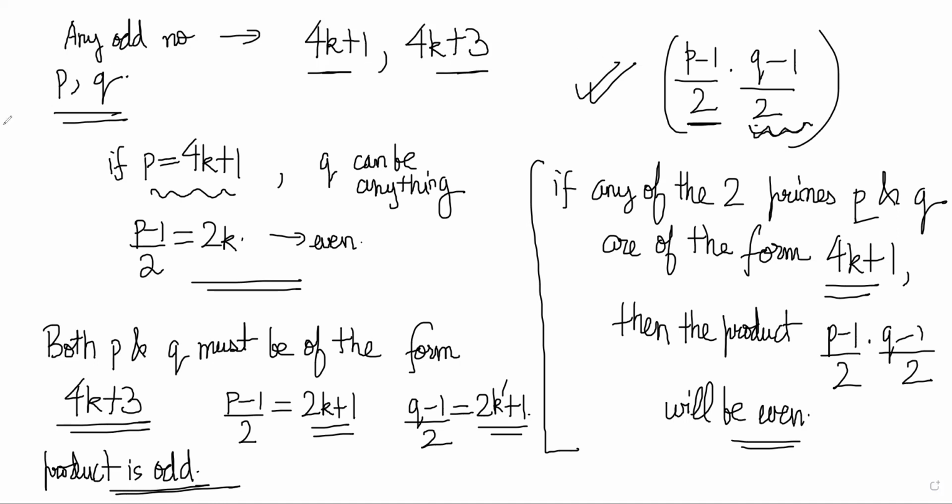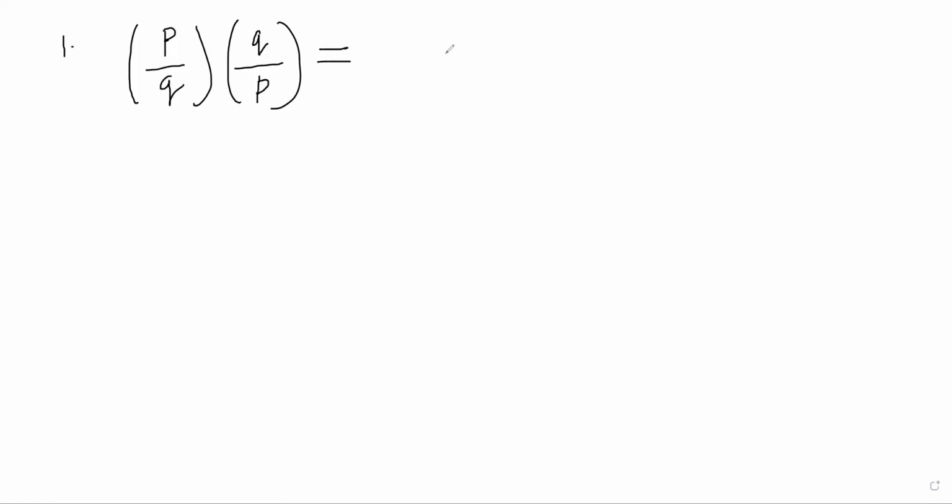So now, if the exponent is even or odd, we will know the value of minus 1 power even and minus 1 power odd. So the law of quadratic reciprocity can be rephrased in this manner. So first I'll write the original law that I wrote. It is the Legendre symbol P by Q times Q by P is equal to (-1) power (P minus 1) by 2 times (Q minus 1) by 2, right?